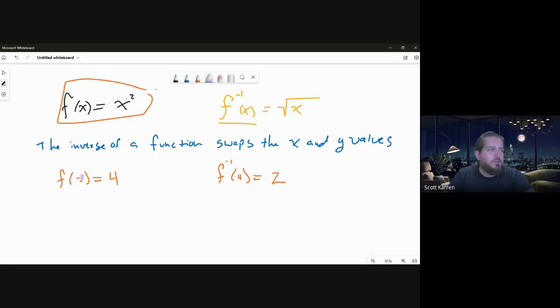And so all I've really done is created a function that swaps those two every single time. If I try something else, f of 7 is 49. Well, that should mean that f inverse of 49, taking the f inverse of the y value of my other function, should give me the x value of my other function. And it indeed does. That's the idea behind an inverse function.